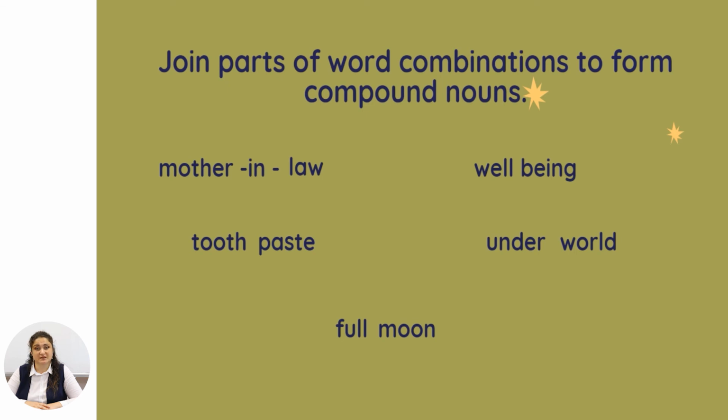Well-being. Well is a noun and being is a gerund. Underworld. Under is a preposition, world a noun. So I want to tell you that you did a great job.